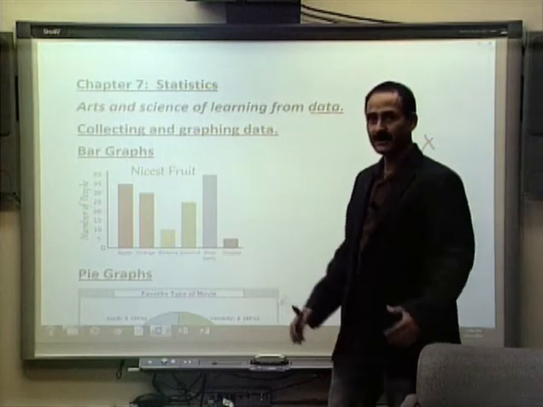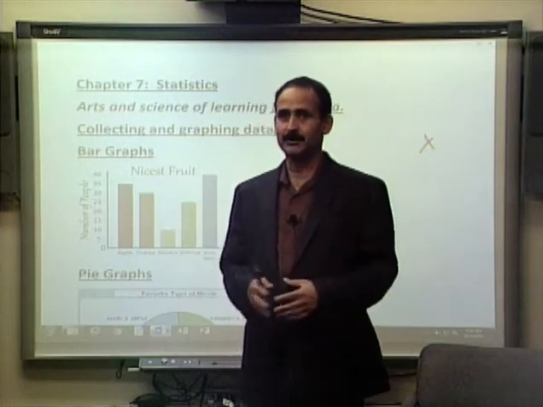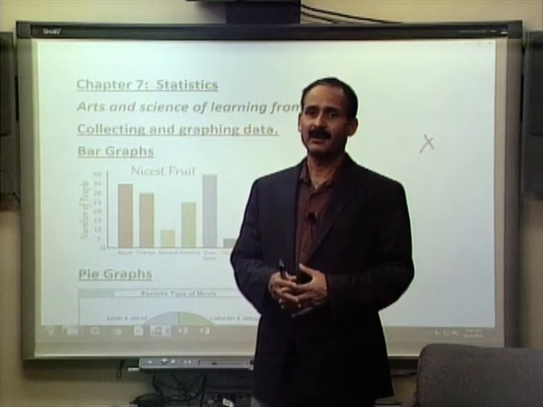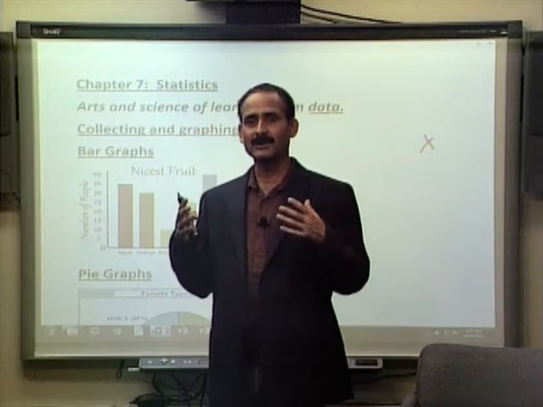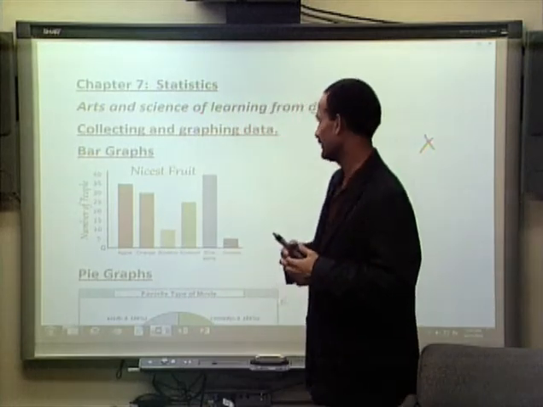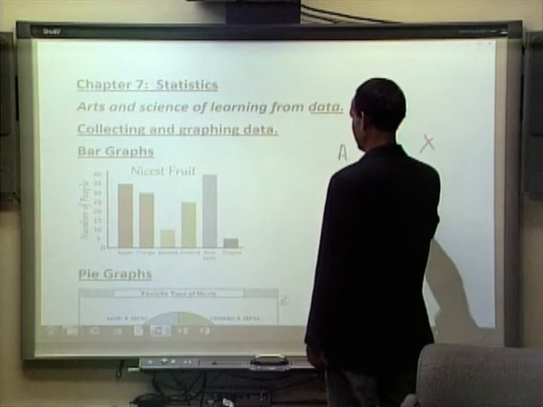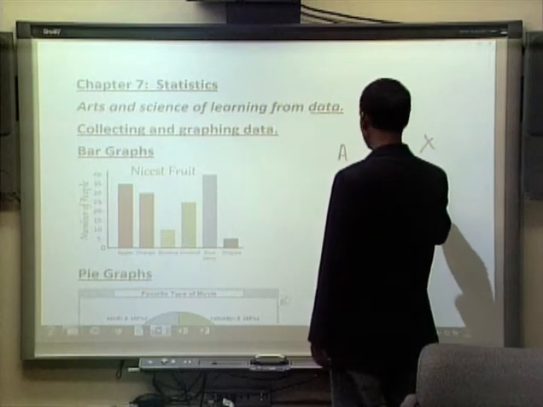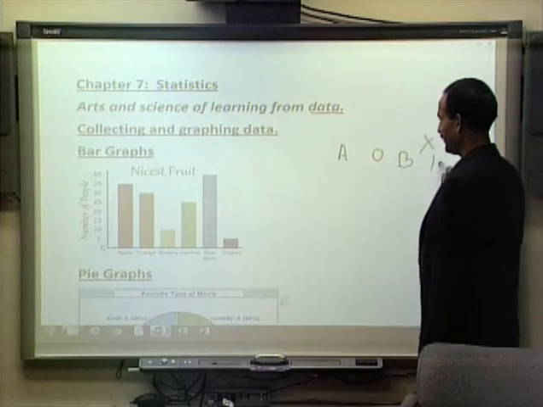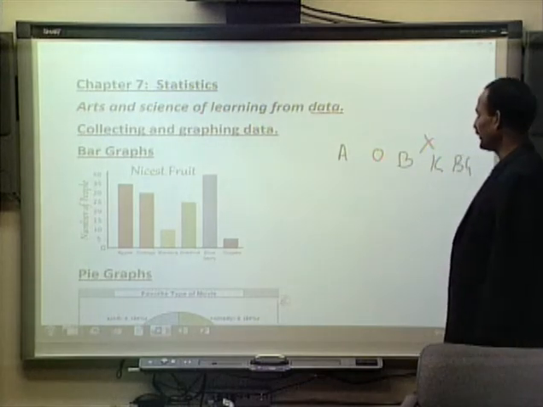Let's say we did a survey with a bunch of people, and we want to find out what fruit they like the most. Let's say apples, oranges, bananas, kiwi fruit, blueberries and grapes. These are the given choices.